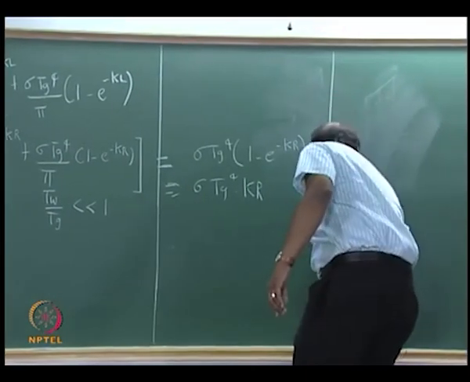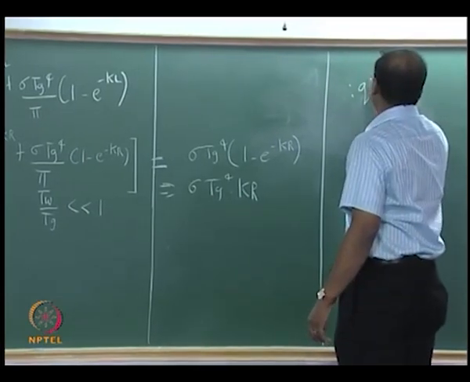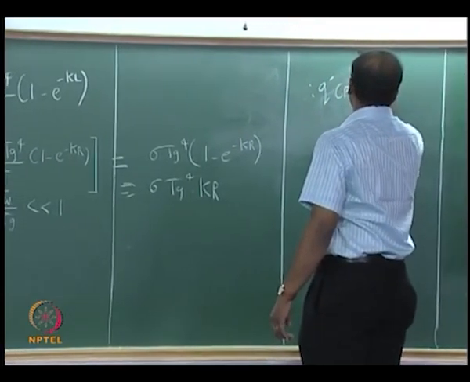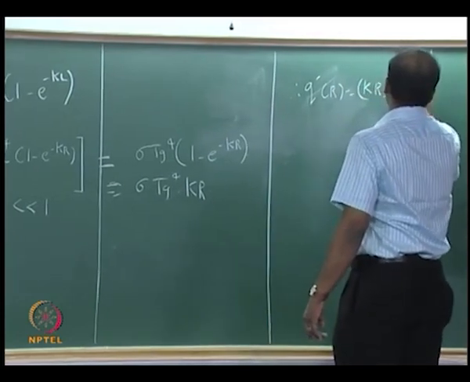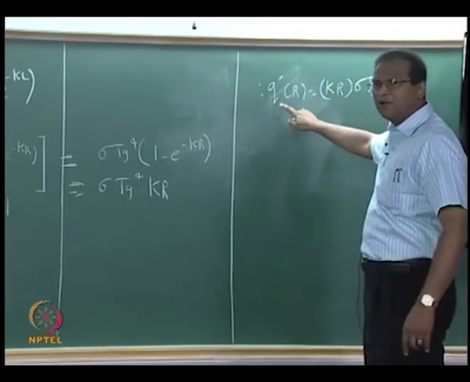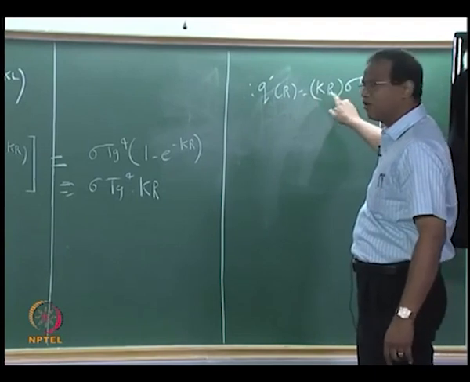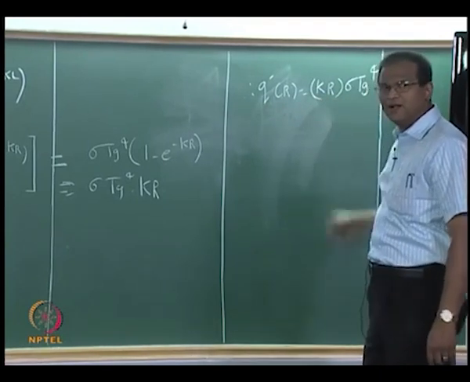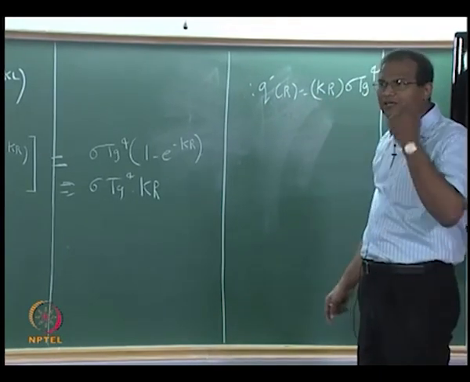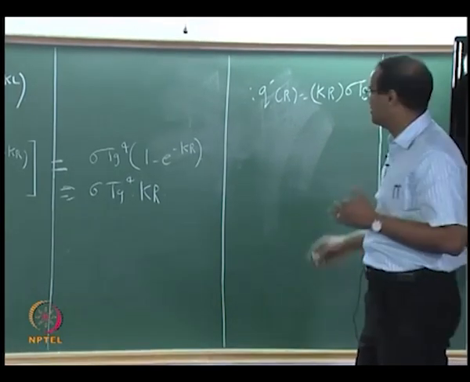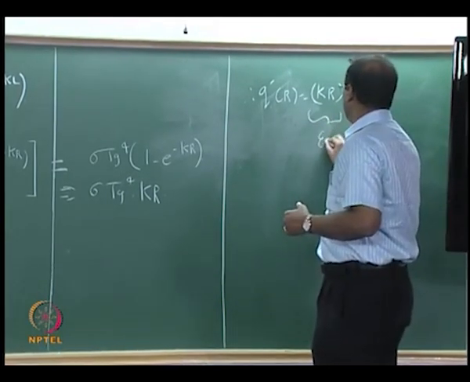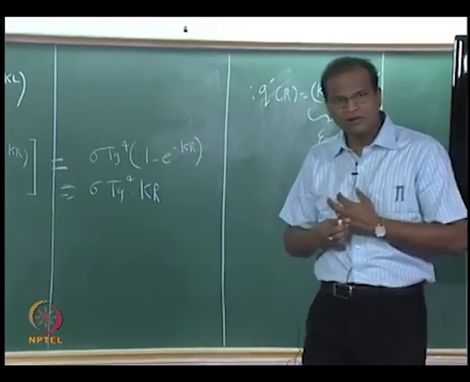Therefore, if I am able to write a flux as sigma Tg to the power of 4 multiplied by some kappa into r, whatever is within the brackets can be called an equivalent emissivity, correct. Is that okay?